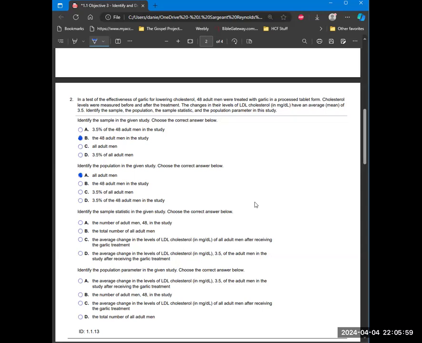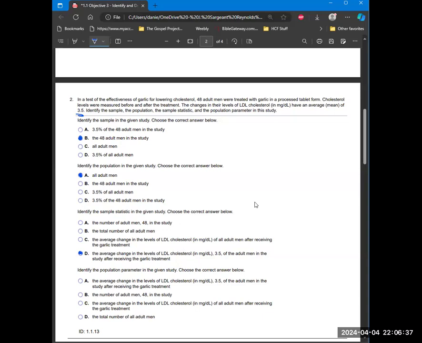That would be the mean value, the average change in the levels of LDL cholesterol in milligrams per deciliter, which is 3.5. And that's of the adult men in the study after receiving the garlic treatment. So this is option D. It's pretty wordy, but just understand it's that number that's right there, and that only applies to the change in LDL level for the 48 adult men who were sampled, right?